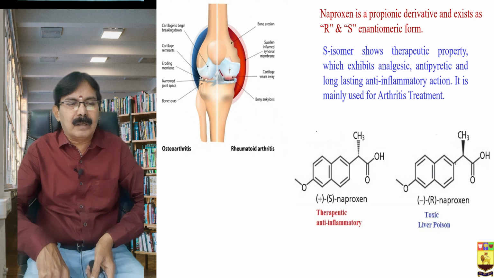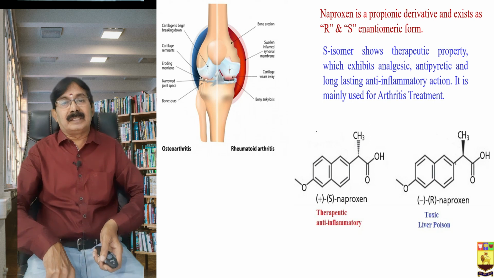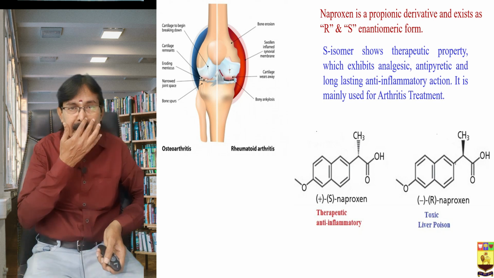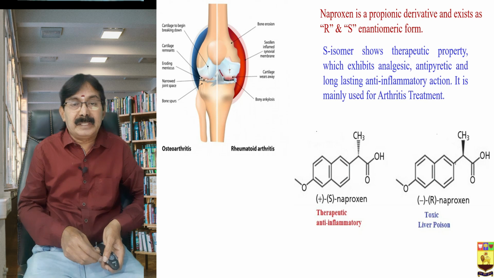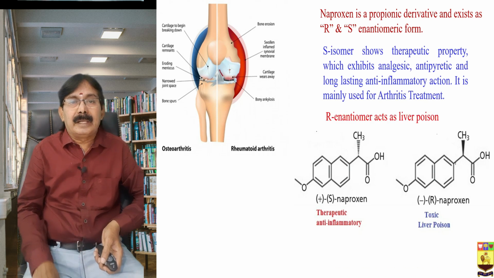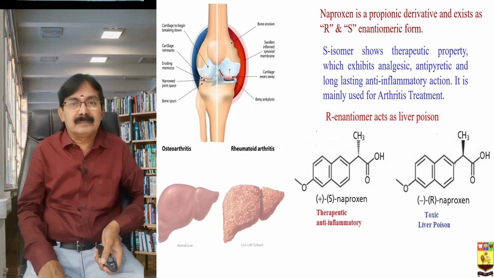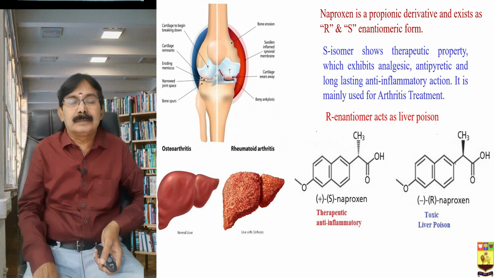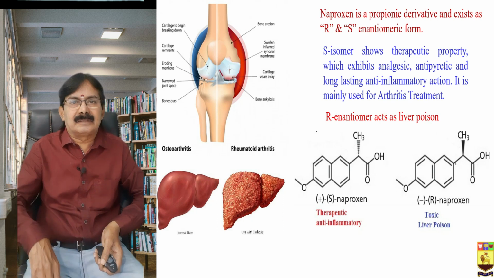But if you use R-naproxen, the R enantiomer acts as a liver poison, which leads to liver cirrhosis. Liver is a soft tissue. If something happens to the liver, it becomes brittle. We call it liver cirrhosis. It cannot filter the blood to remove the toxic substances.